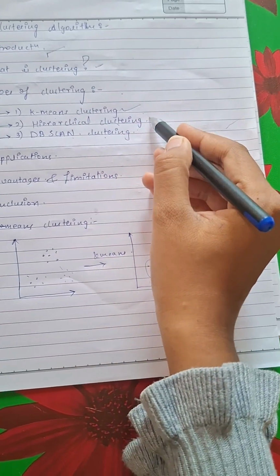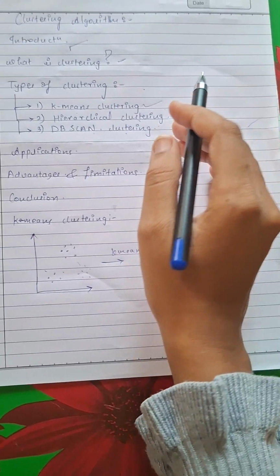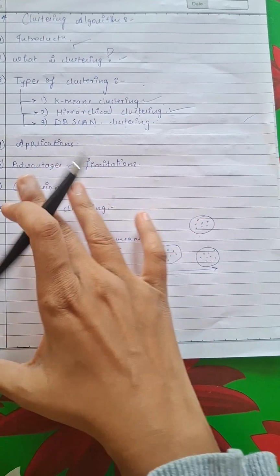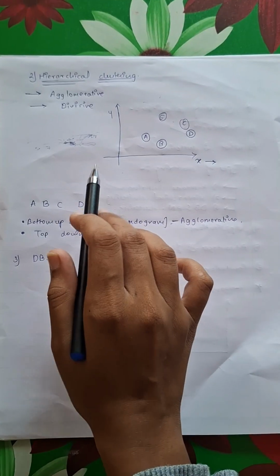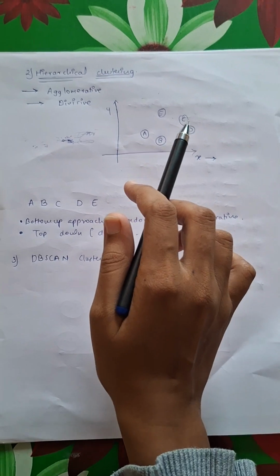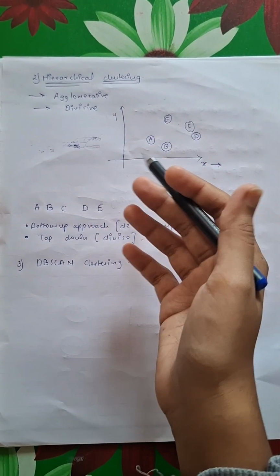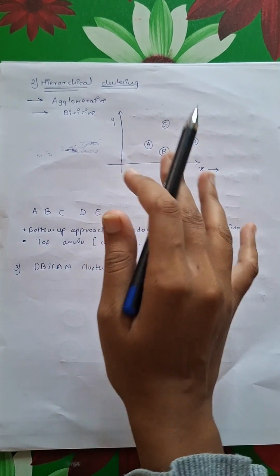Moving further, let's see what is hierarchical clustering. This algorithm builds a tree-like structure, that is a dendrogram of nested clusters. It does not require the number of clusters in advance. Now let me tell you how it works.